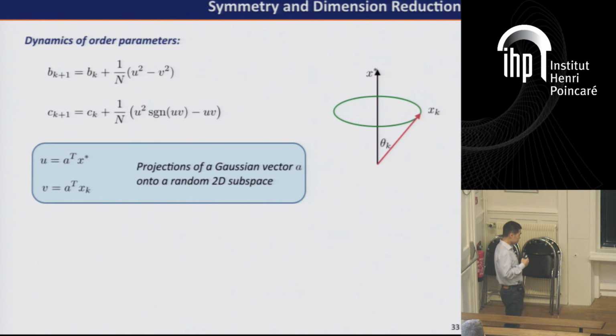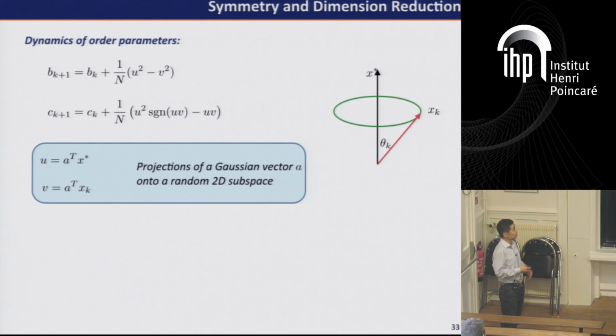There's no reason that we can expect to have closed dynamics, because these are only functions of a full Markov process. b_k and c_k should form a hidden Markov process. But in the case of IID Gaussian sensing vectors, or more generally in the case of IID random measurements, we can show that in the large n limit, the dynamics of b_k and c_k themselves form a closed Markov chain.